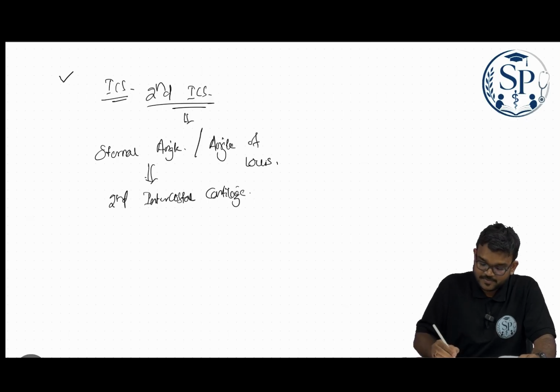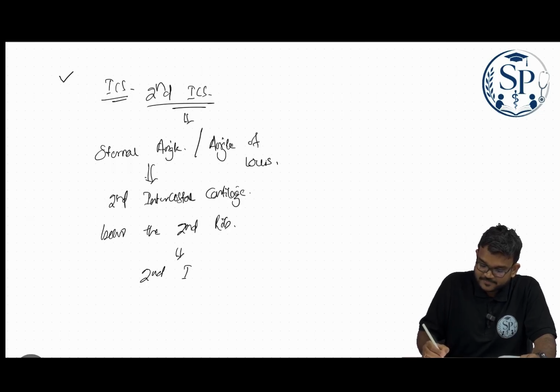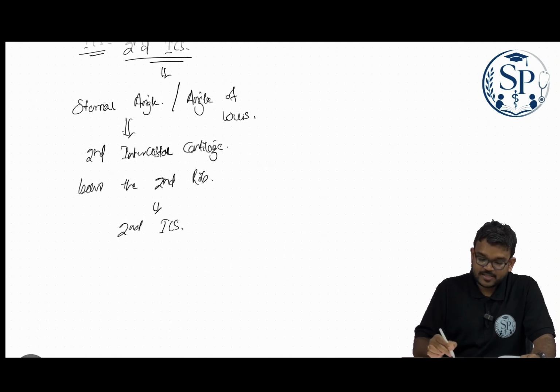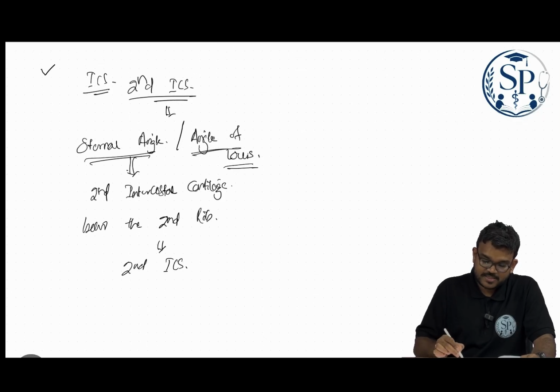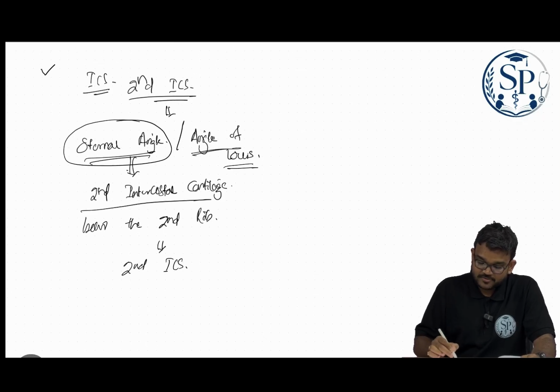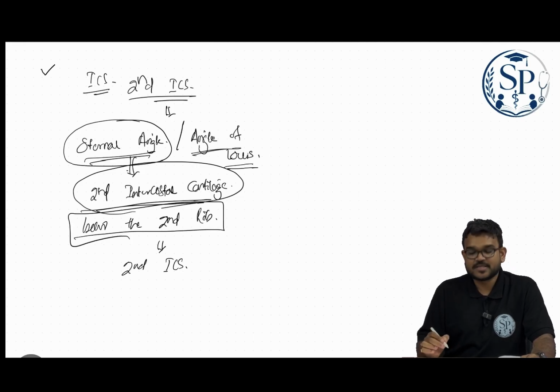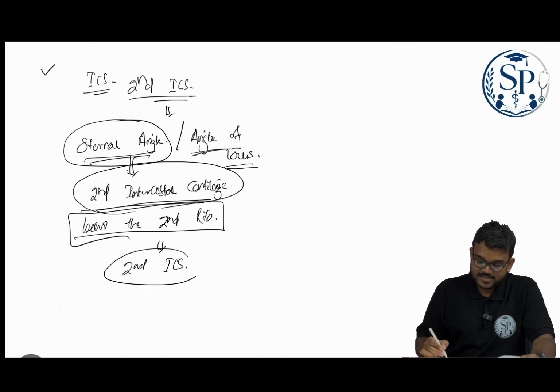Below the second rib is the second intercostal space. So the sternal angle corresponds to the second costal cartilage, and below that is the second intercostal space.